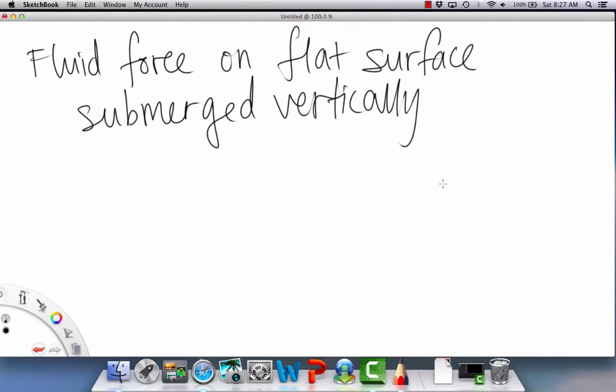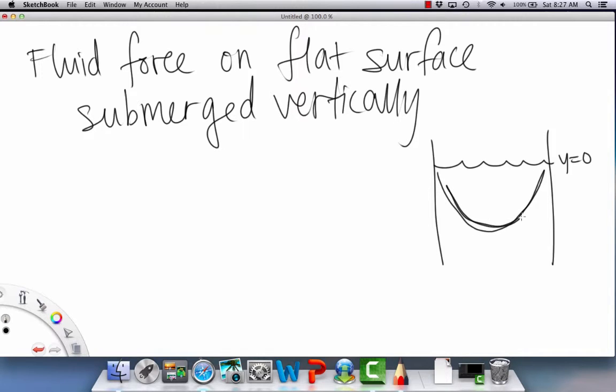Okay, so I'm just going to draw a little diagram over here. Okay, so here's our water level, all right? And this is y equals 0, right? And let's say we have some kind of shape down there. Okay, it's like a parabola.